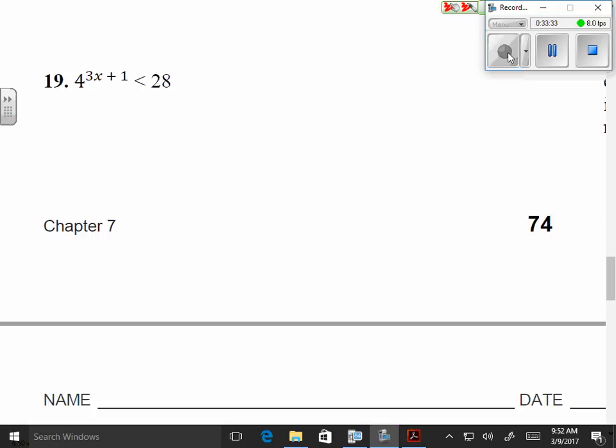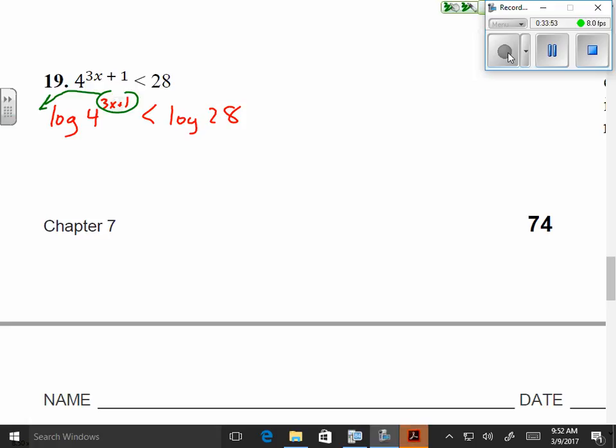Number 19, we take the log of both sides. So the log of 4 to the 3x plus 1 is less than the log of 28. This exponent can now become a coefficient on the log of 4.